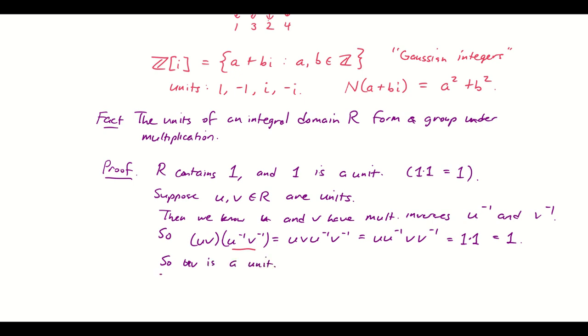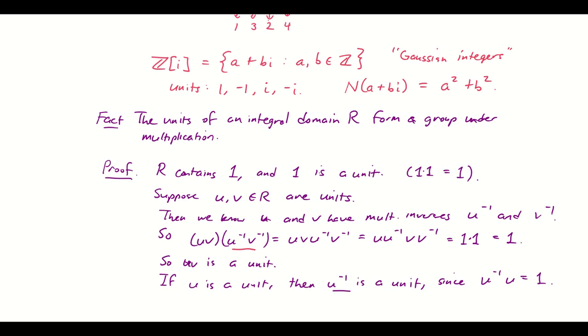Okay, we also know if U is a unit, then its multiplicative inverse is a unit. First of all, we know that it has a multiplicative inverse because it is a unit, and then once we have that inverse, we can say this is also a unit, since we can say U inverse times U is the multiplicative identity.